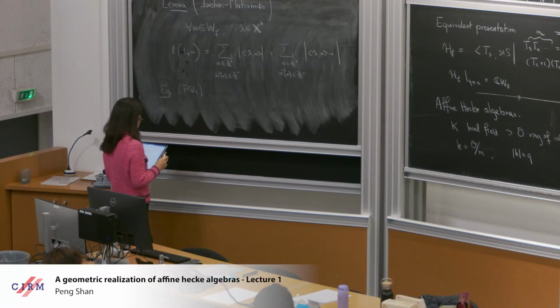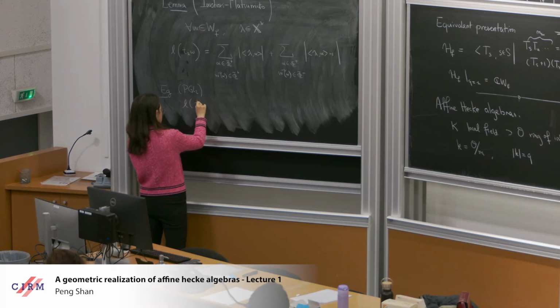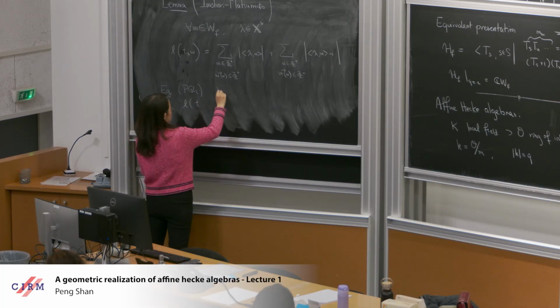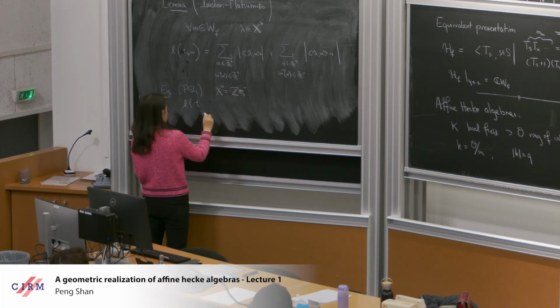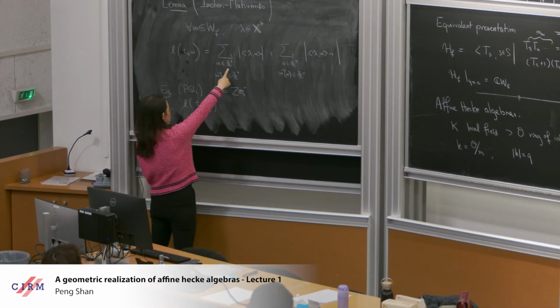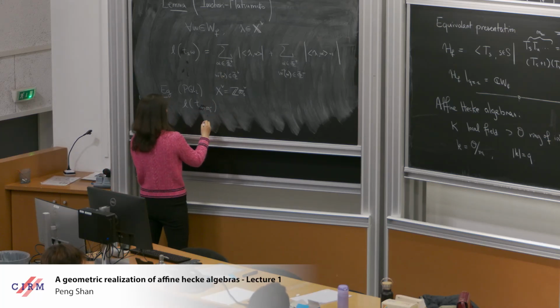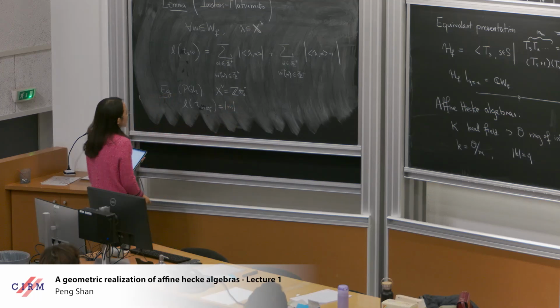For PGL2, let's say the lattice is generated by the fundamental co-weight omega 1 check, then the length of t of m times this. So this is a dominant weight, and therefore we're in this situation. And so this is equal to m.